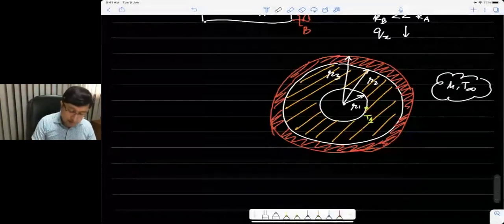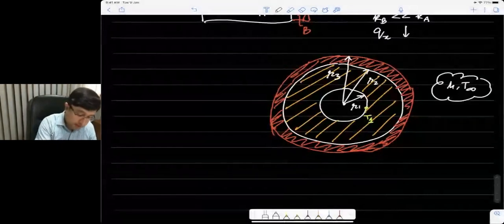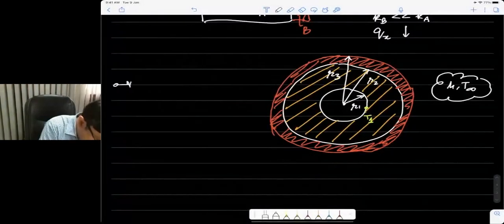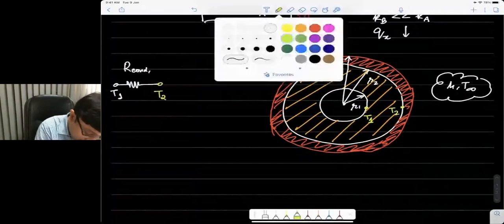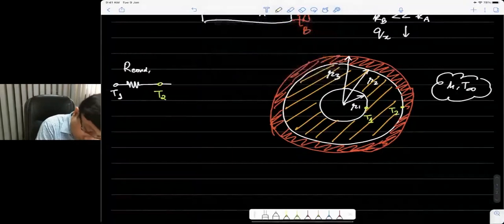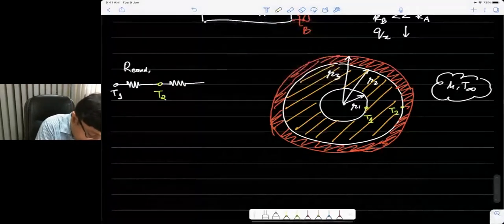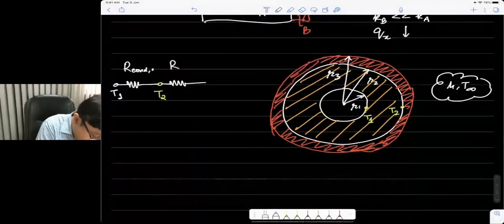So, from a thermal circuit perspective, what I can say is, we have a conduction resistance from T1 to some temperature, maybe T2, on the solid. So T1 goes to T2, then there's resistance from the insulation, which is, let's say, R conduction 1.